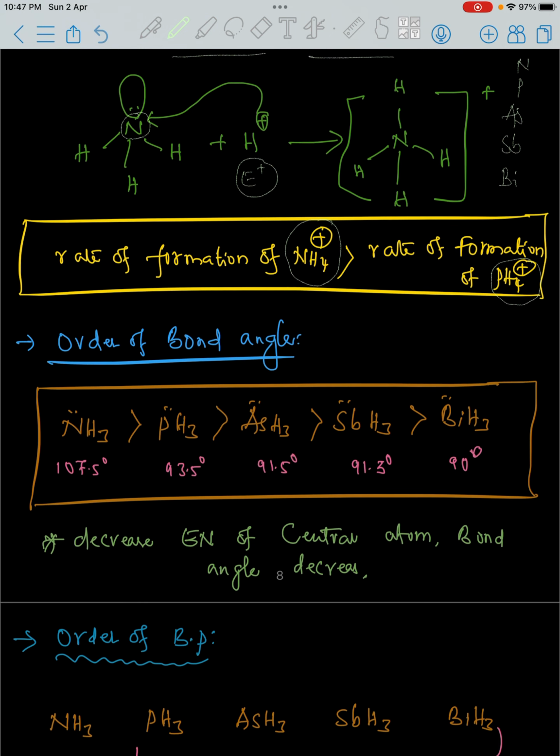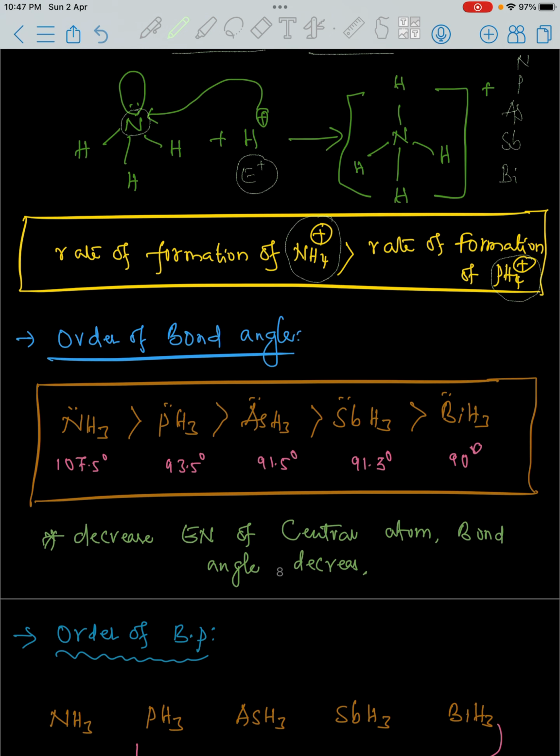Next, order of bond angle. Bond angles, if you observe, decrease from top to bottom. Reason is the size of the central atom increases. NH3 bond angle is 107.5, phosphine is 93.5, arsine is 91.5, and stibine is 91.3. Almost these are the same, 91.5 and 91.3, whereas bismuthine is 90 degrees.